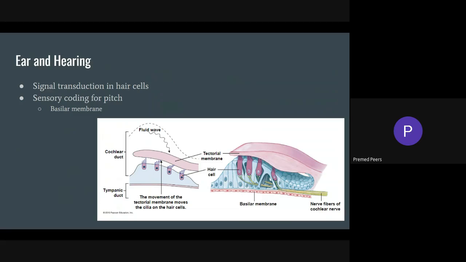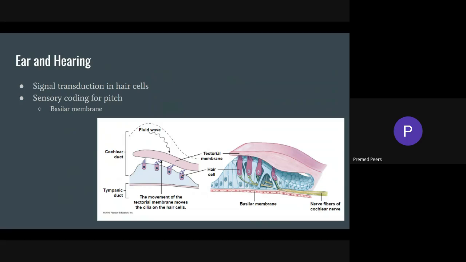I want to go over how signal transduction works in these hair cells that are in your cochlea. From an overarching view, the sound waves and signals go from your cochlea to the cochlear nuclei, which are located in your medulla.